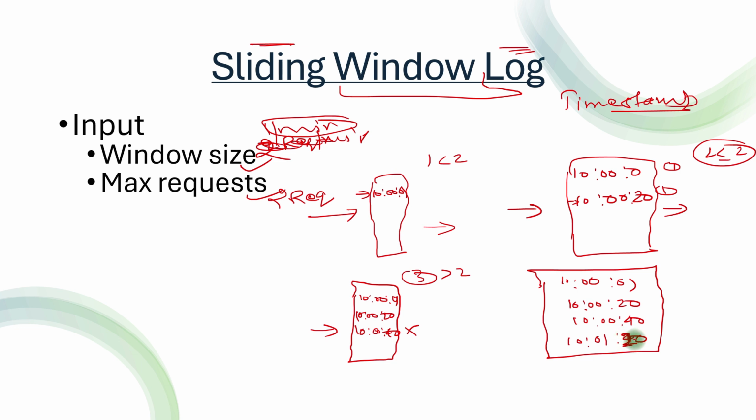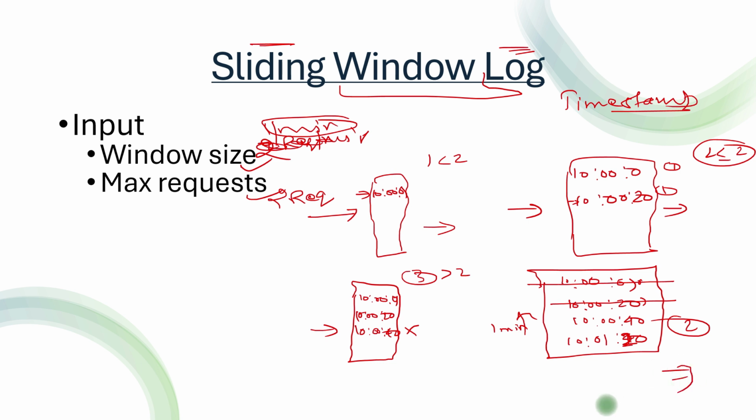What it will do is add the timestamp in here, and before adding the timestamp, it will keep track of the previous ones. It is coming at 10:01:20, so it will go 1 minute back. What is there 1 minute back? This is 20 and this is 1. So it will clean this out, remove these entries, and after removing them, it will add this one and count the numbers. So it is again 2, right, which is within the threshold. So this will be allowed.